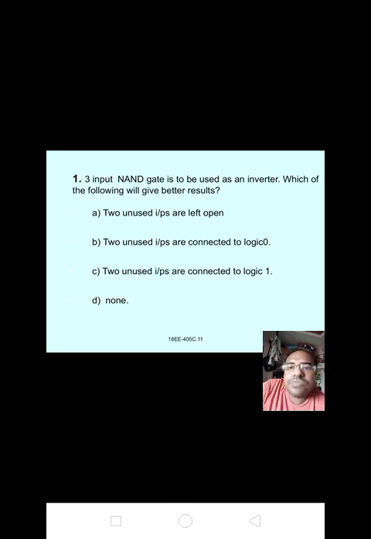Next, quiz. First one: a 3 input NAND gate is to be used as an inverter. Which of the following will give better results?